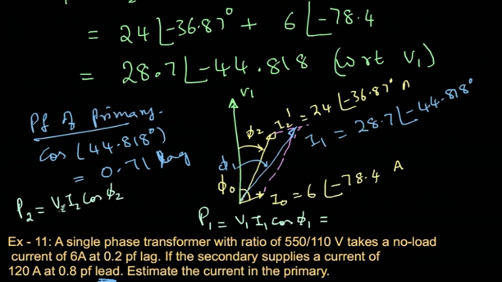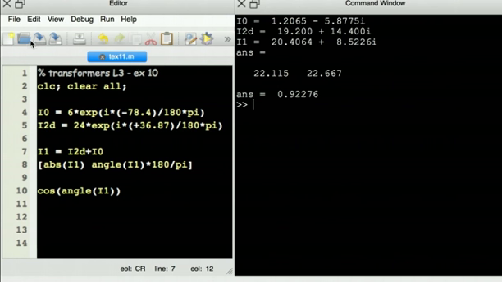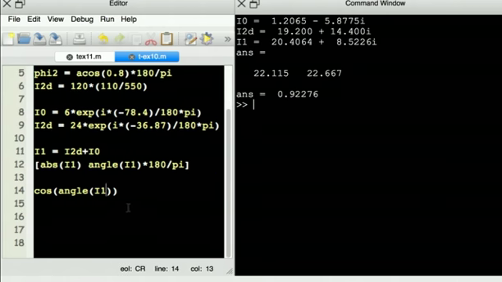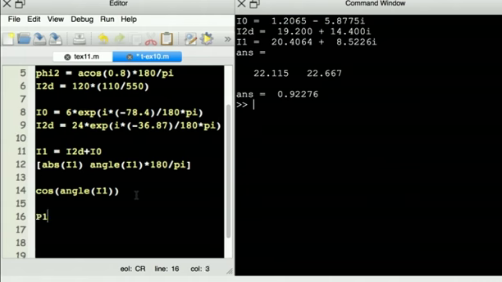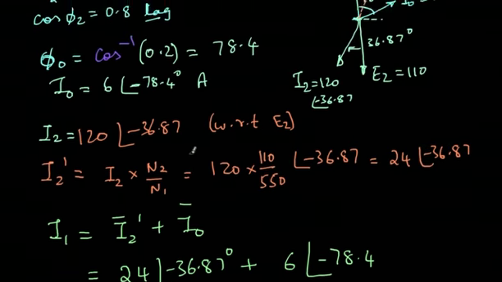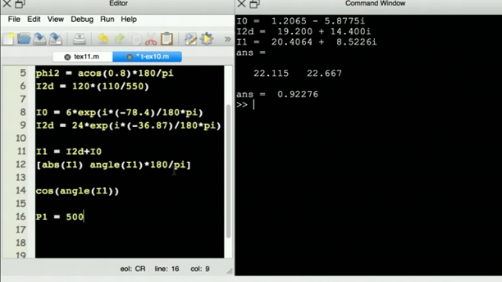All right, let's find this. What is V2 I2 cos phi 2? I'm going back to my previous code. P1 equals, what was my V1? 550. So 550 is the voltage V1 into I1.